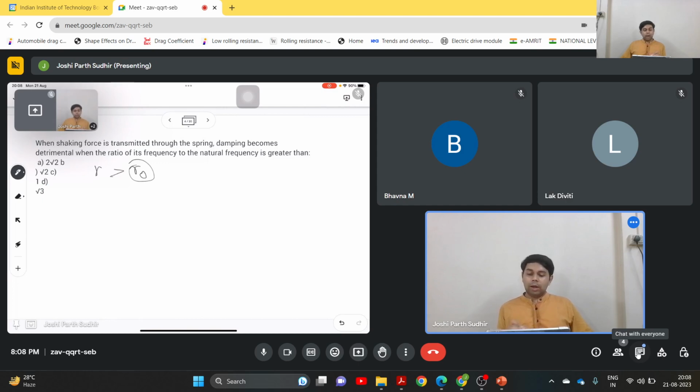R naught is the value for which the transmissibility ratio is equal to 1 for all values of damping.